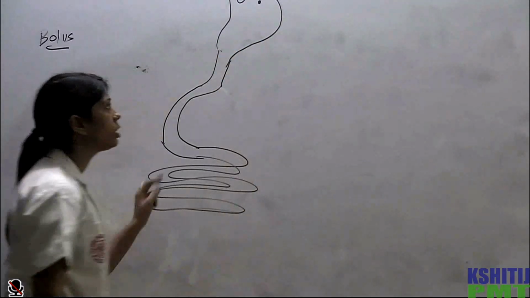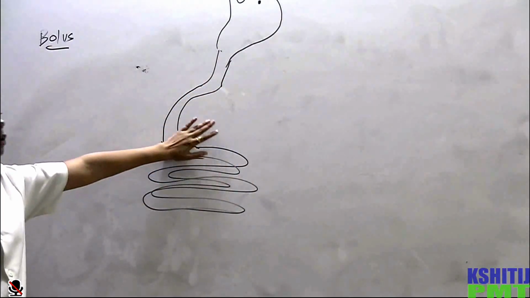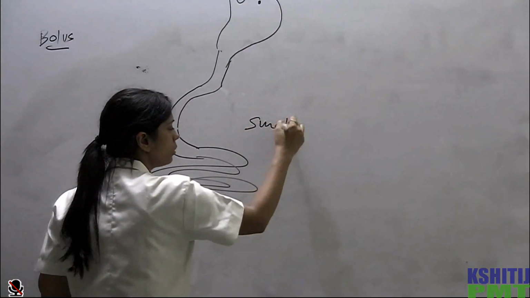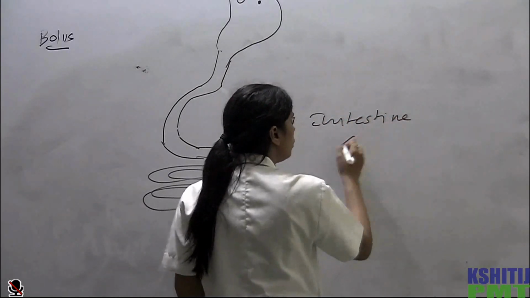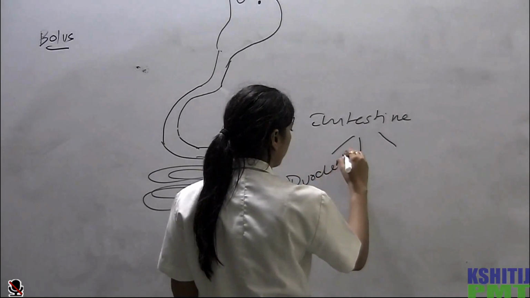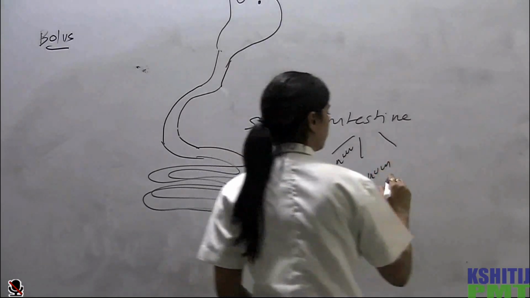This was the stomach. After the stomach we have our intestine. Now in the intestine part, as I told you, the small intestine is divided into three parts: duodenum, jejunum, ileum.